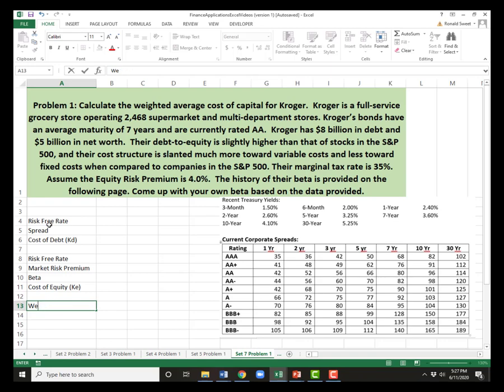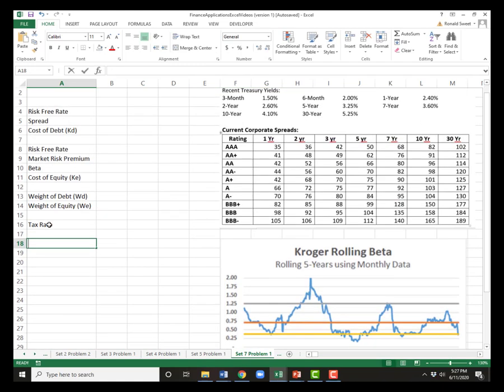With the weight of debt, we're going to call that WD, and we need the weight of equity, and obviously we'll call that WE. We also need to know the tax rate. When we put all this together, this will give us the WACC for the firm, the weighted average cost of capital. And here's the formula.